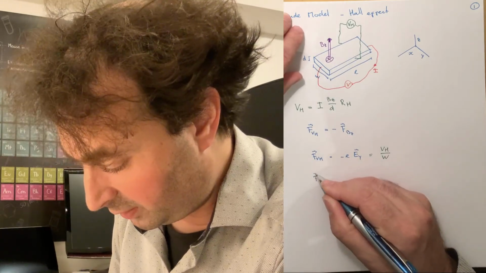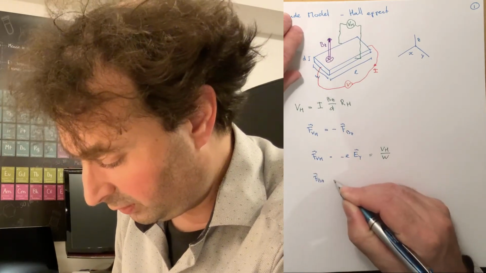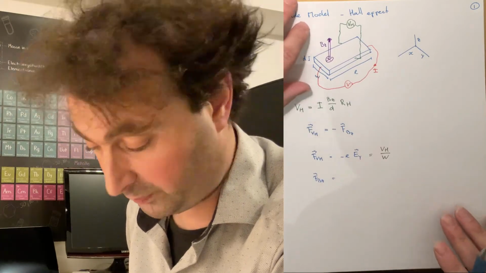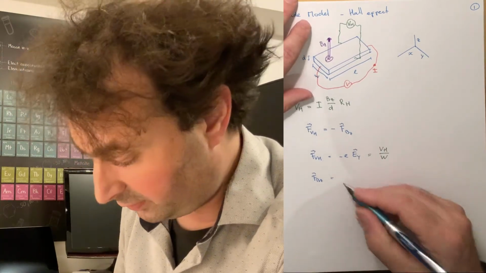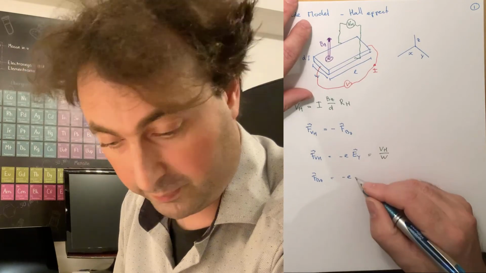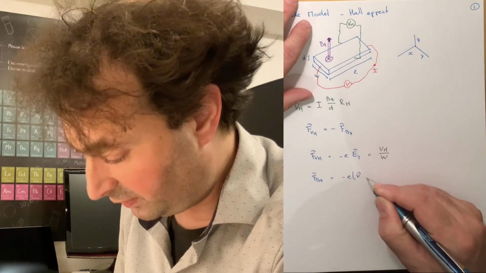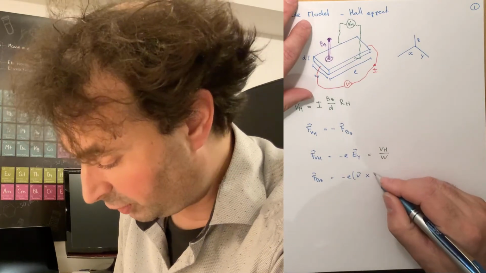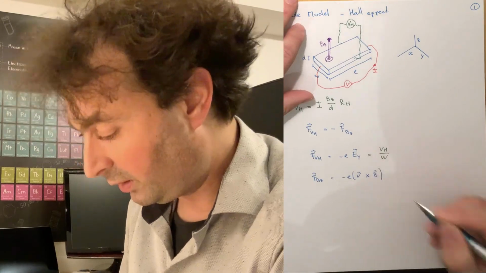And then we have the Lorentz force on our electrons, which is given as minus E times the velocity crossed with the magnetic field.